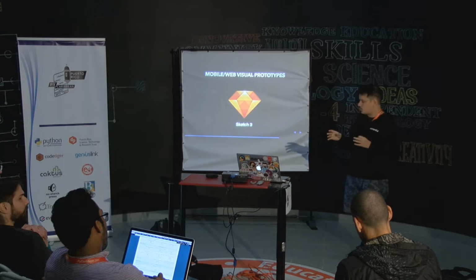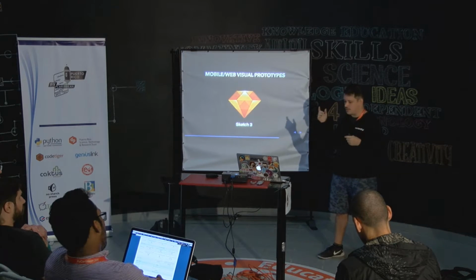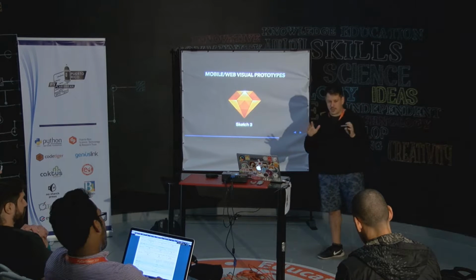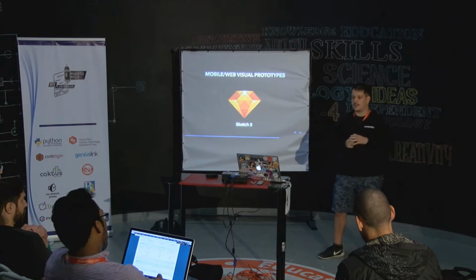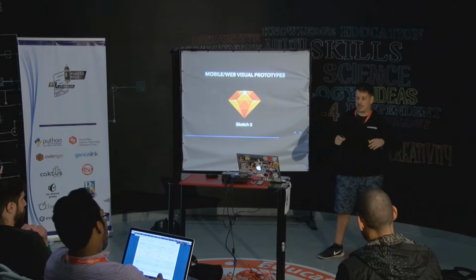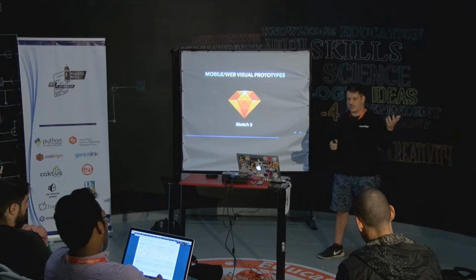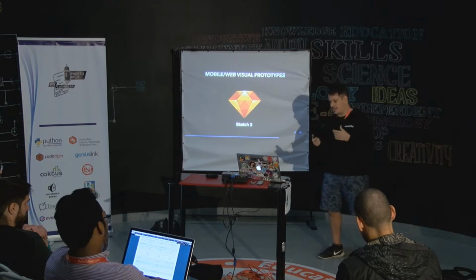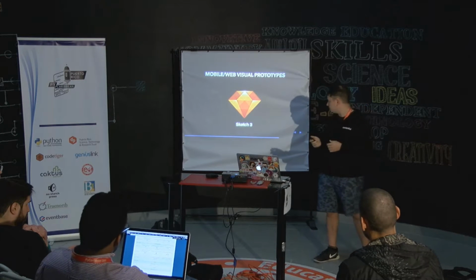In our case, one of our developers created a plugin for Sketch in which you can actually test with real data, so you don't have to put placeholders. You can actually have your data stored inside Contentful and pull it and actually see it working.